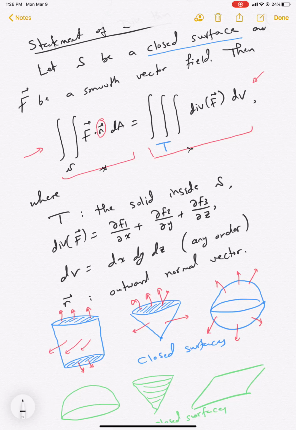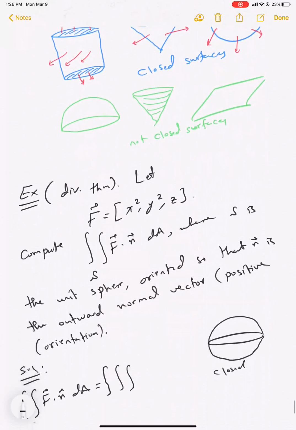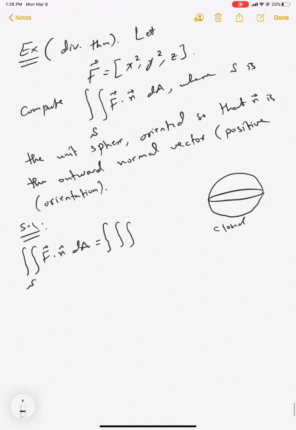Whether it is easier to do it using a triple integral depends on the surface itself, the function and the computations. As long as we satisfy all the conditions in the divergence theorem, the surface is closed, yes, the function is smooth, yes, we're dealing with polynomials, this becomes the triple integral of the divergence dV over T.